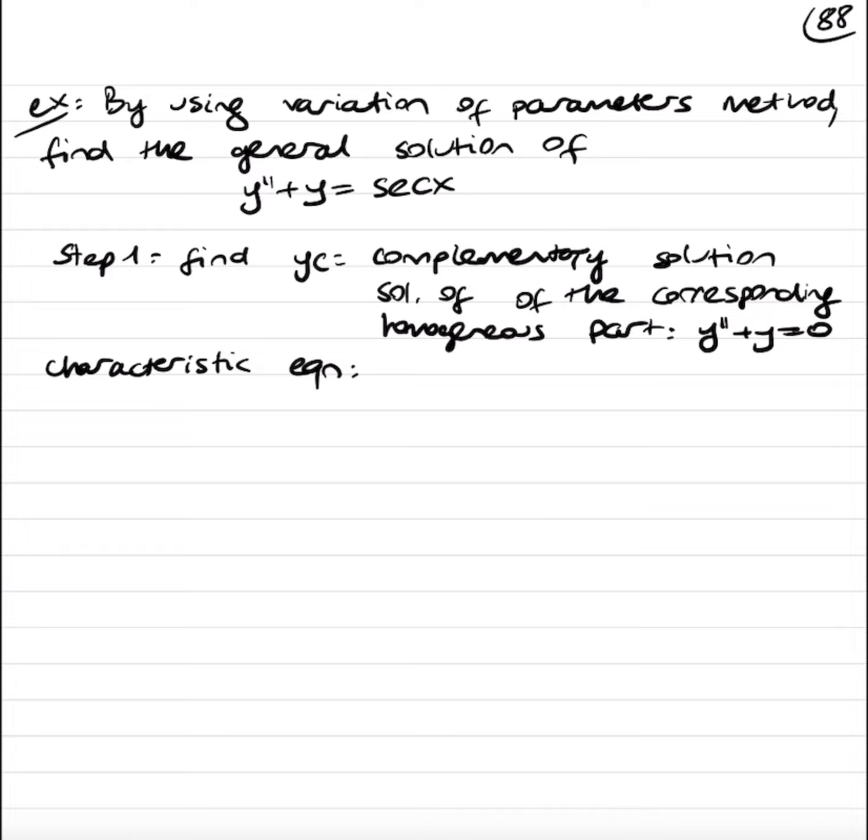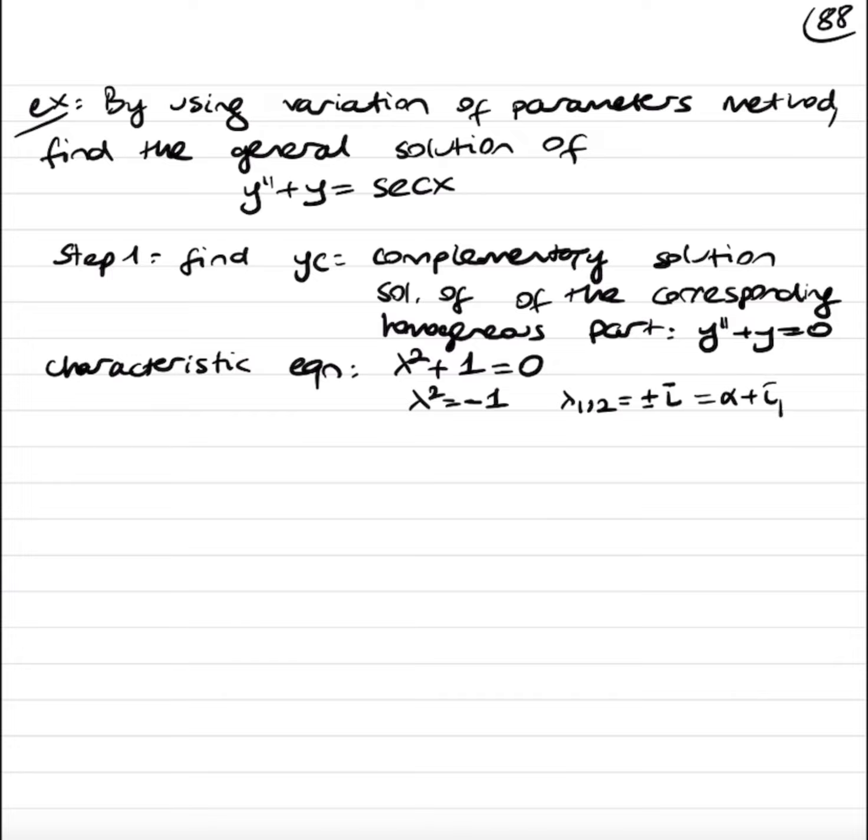So the characteristic equation in this case is lambda square plus 1 is equal to 0. So we have lambda square is equal to minus 1. So we have complex roots, right? So this is plus minus i.